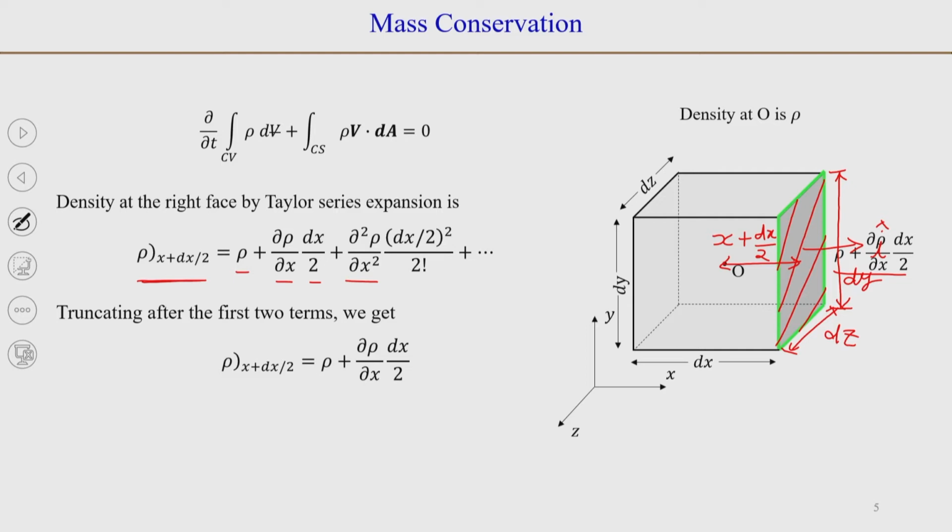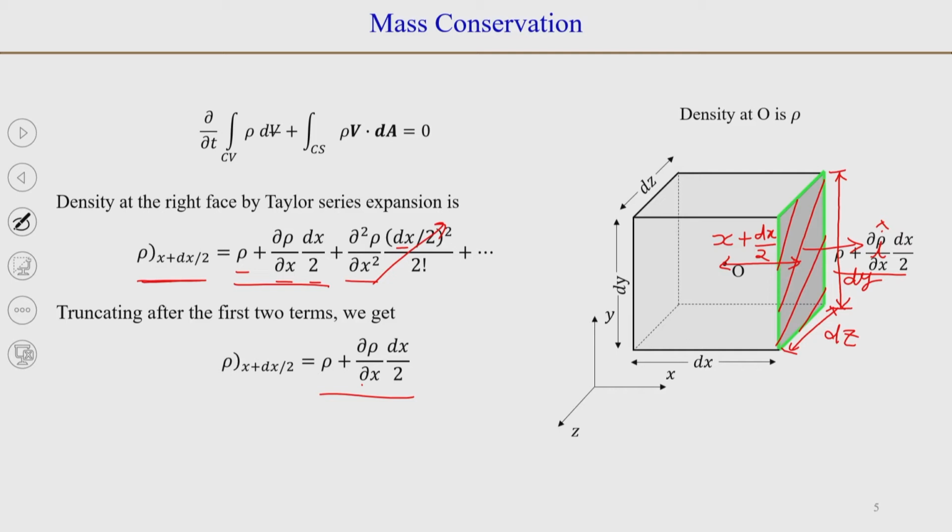Now, as we know that we have assumed dx, dy, dz to be small, the higher order terms, dx squared and higher, dx cube etcetera, will be smaller when we compare them with respect to dx. So, those terms we will neglect. So, we will consider only the first two terms. This will give us the density on the right face, which is rho plus dou by dou x of rho into dx by 2.